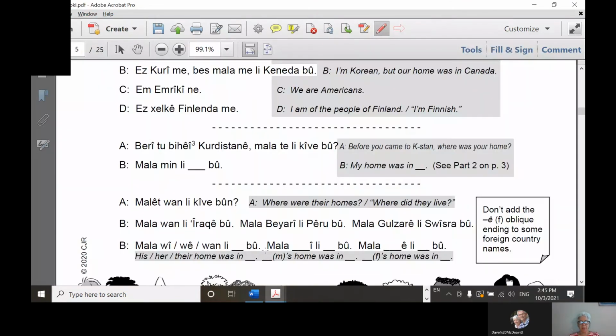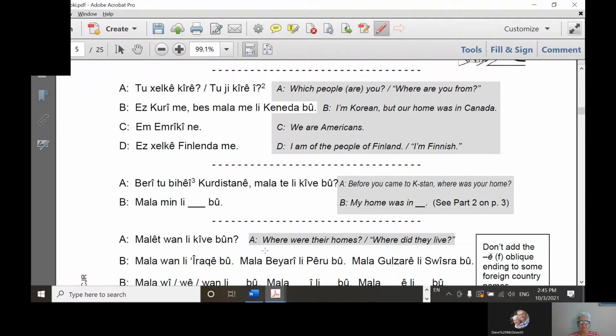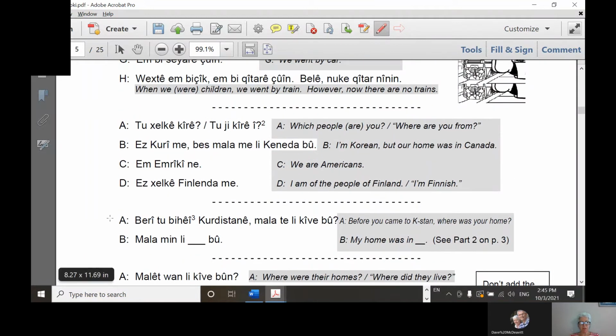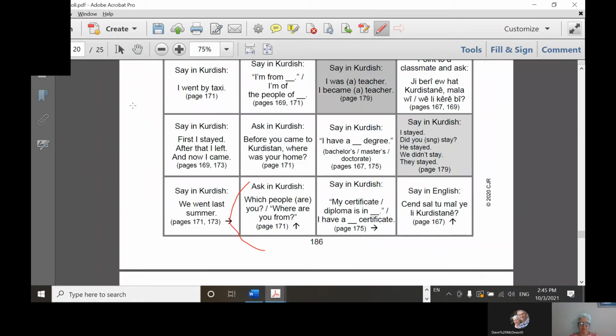Which people are you? Where are you from? So here are a couple ways to say it. Tu halke kire or tuj kire. That's the Dahuki version. So that's how you ask, where are you from?